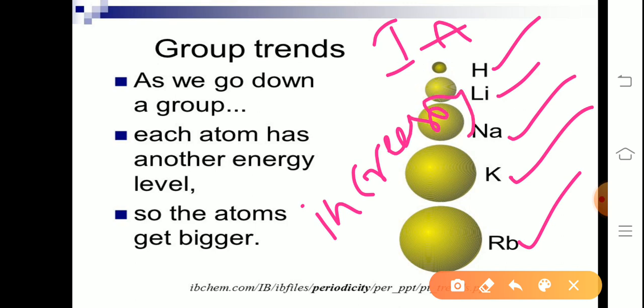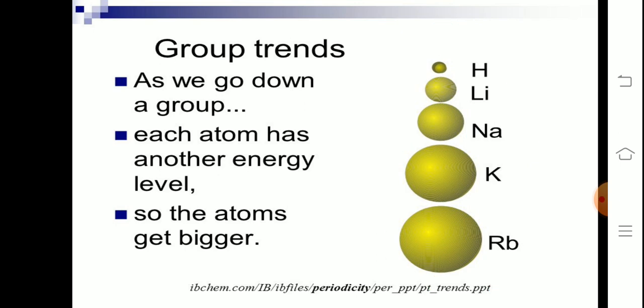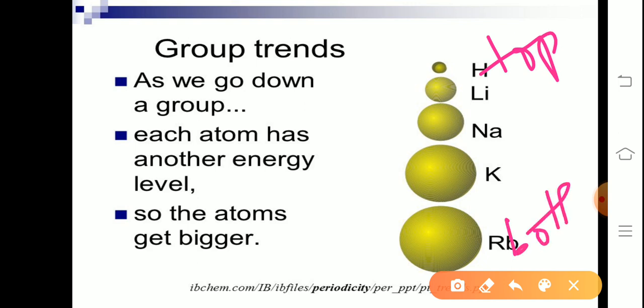Each atom has another energy level, nothing but the electron enters into the next main shell, so the size of the atom also increases. So the atom appears bigger. We can say that the atomic radius in groups increases as we move from top to bottom in the periodic table.